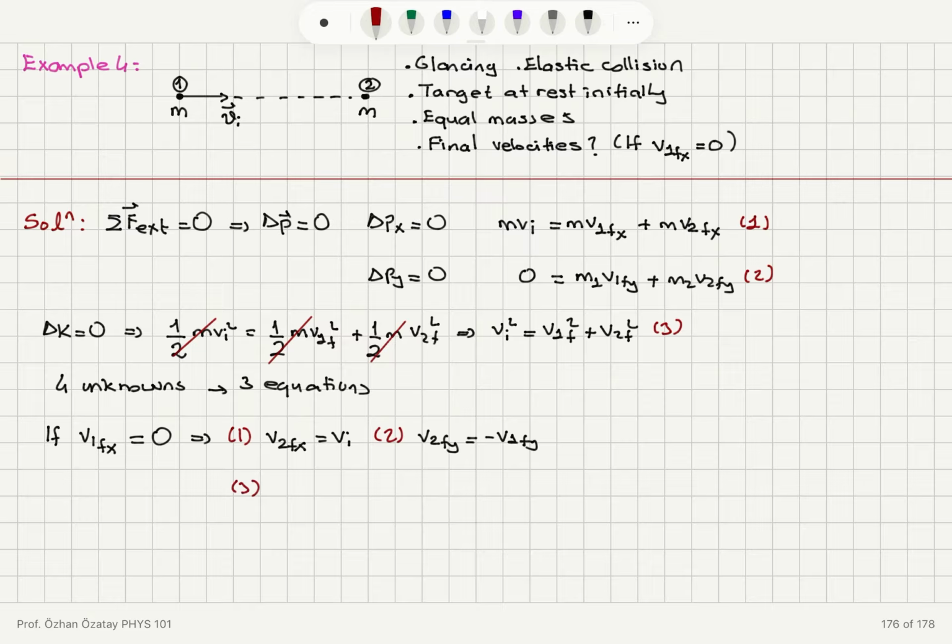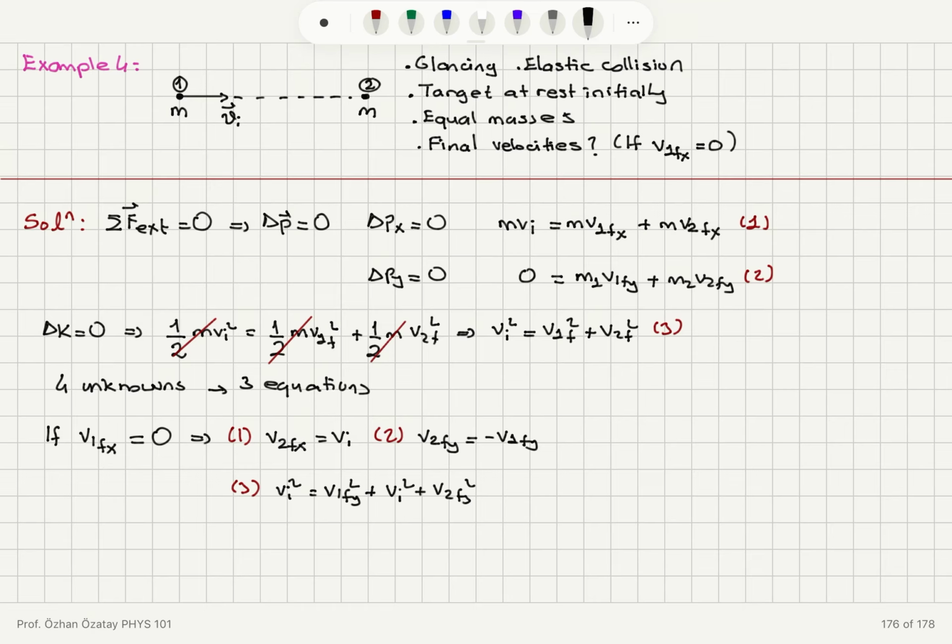The third equation, the kinetic energy equation, says V initial squared is V1 final squared plus V2 final squared. The x component of V1 is 0, so V1 final squared is 0 squared plus V1 final y squared.